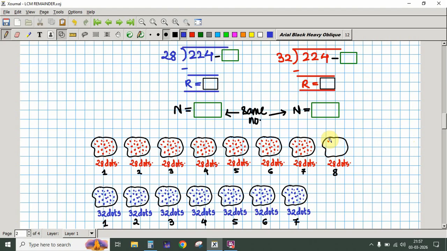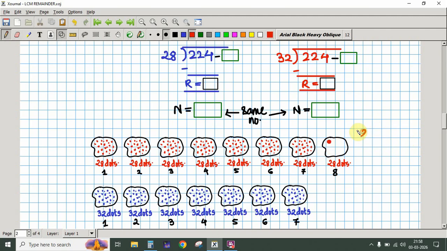In order to achieve the required remainder, you have to subtract the same remainder from the last set. The last set contains 28 and you want remainder 1, so subtract it and you will get 27. These many dots will be removed and you have only one remainder.